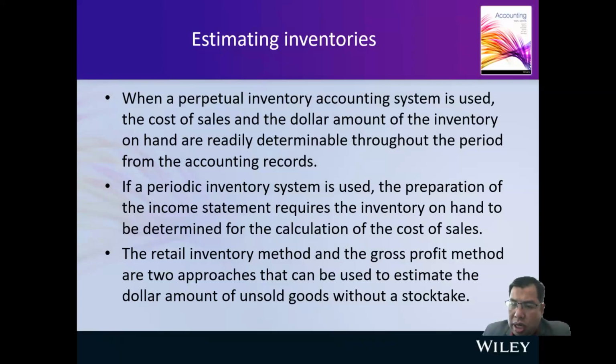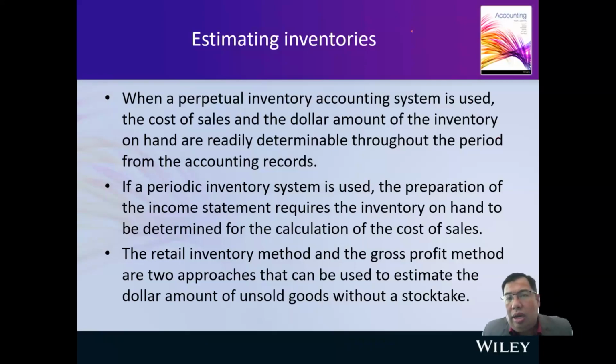You don't know the balance of your inventory, like what we have in our perpetual inventory system. So every time you want to prepare your financial statement, you have to perform the stock take, so it gives you your inventory, and you are going to use that inventory value to determine your cost of sales.